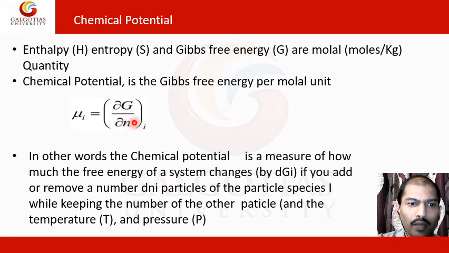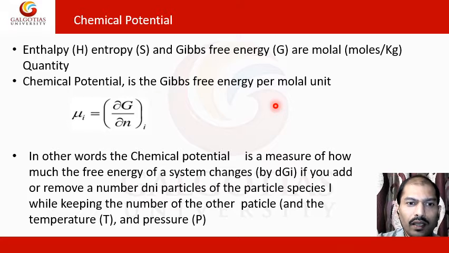It means how many particles you are either removing or adding in the system, and the chemical potential value will depend upon that, for the particle species, while keeping the number of the other particles, the temperature and the pressure constant.